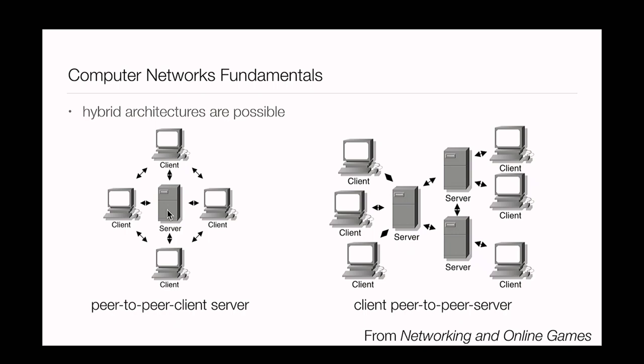In this particular architecture, the server is acting as a coordinator of some kind. It's either storing information that all the clients need, or it's coordinating what the clients are doing. But simultaneously, the clients can also talk to one another. So for example, it is possible for this client to talk to that client as well if it has a connection to the other client. So clients are arranged peer-to-peer, but they all talk to a centralized server.